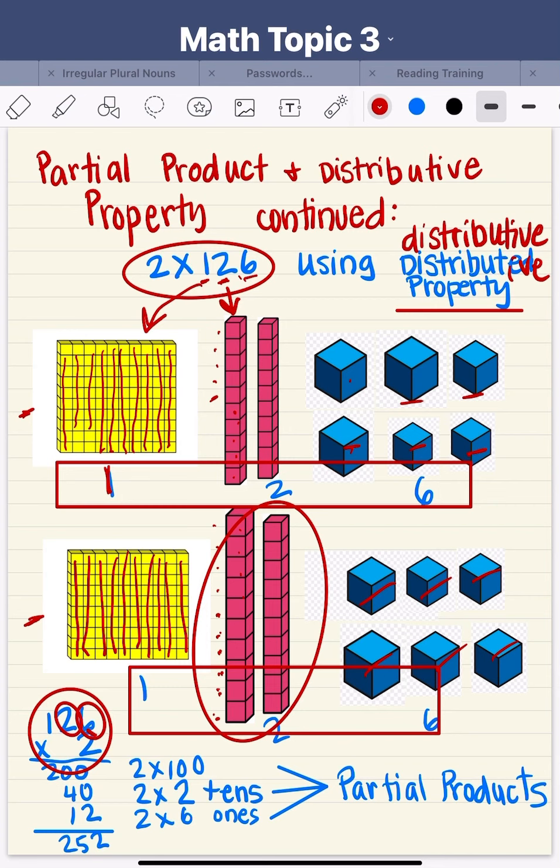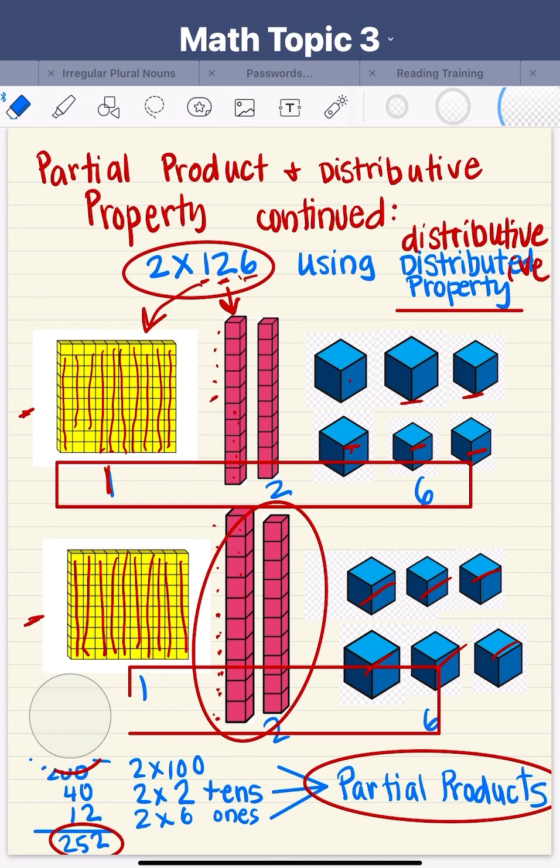All right, so to find my product here, I have to find my partial products, okay? Here. So I multiply 126 times 2, okay? Let me erase this because it got a little bit messy. We start with the largest, so 2 times 1 is 200, because this one is in the hundreds place, right?